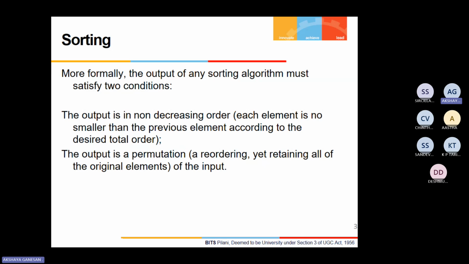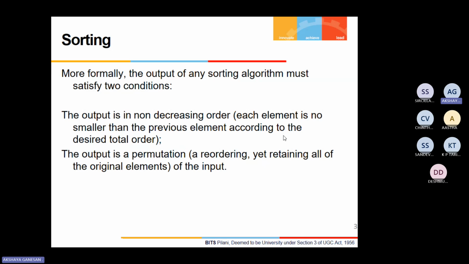The output of any sorting algorithm should be in the order which we require. So the previous element should be smaller than the next element. That's the desired order. And the output is nothing but a different order of the input.